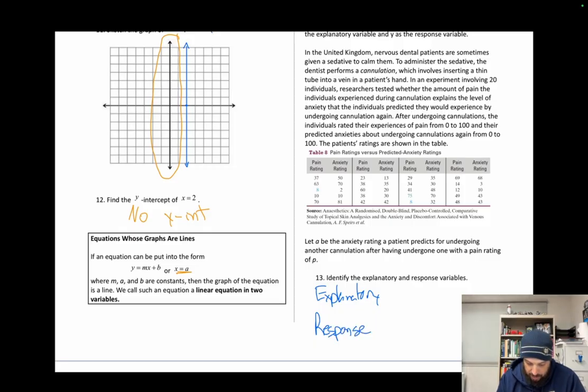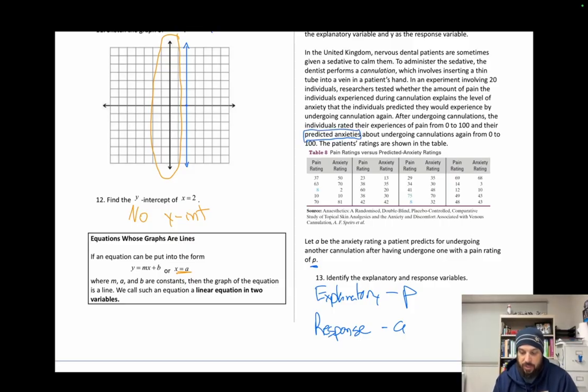Okay, so our explanatory is what's happening first. So they rate their pain. So explanatory is going to be our P. And then we're trying to predict their anxieties, and that's coming next. So they do the pain initially, and then they're trying to predict with their anxiety. And we get a nice little clue about that as well. The prediction becomes your response.